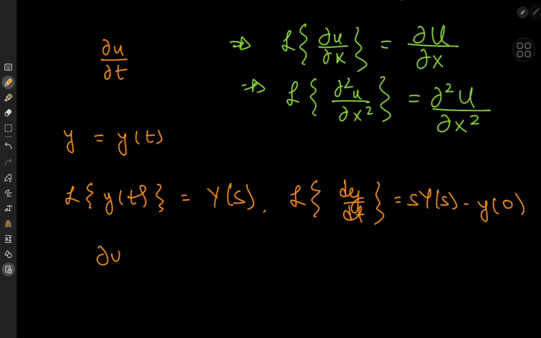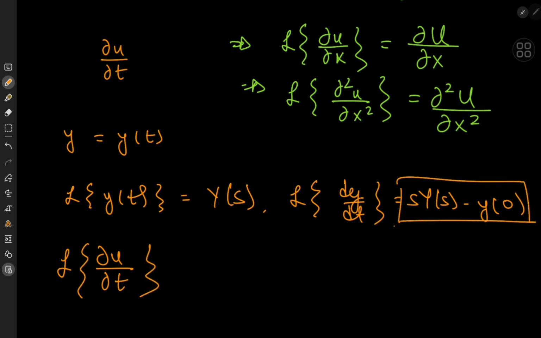And because the partial derivative of u with respect to t is just the derivative of u with respect to t while holding the x variable as a constant, the Laplace transform will have exactly the same shape, but with an extra parameter being the x variable. So we have s times uppercase U of x and s minus u of x and t equal to 0.